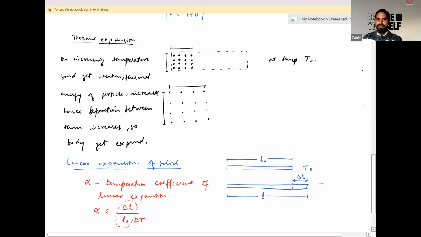So alpha will be equal to the ratio of fractional change in length to the change in temperature. Length and length have the same unit, temperature has unit Kelvin or Celsius. So the SI unit is Kelvin inverse or Celsius inverse. First, write down this part, then I'm explaining to you about alpha.